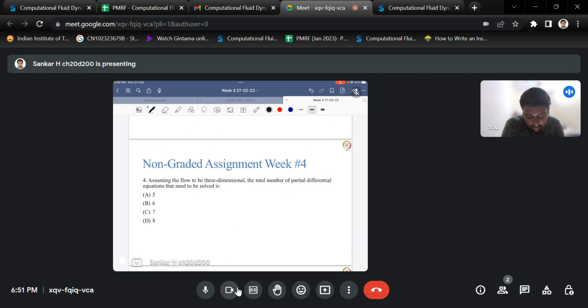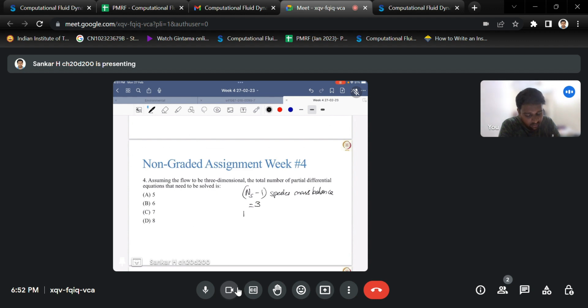Next, if we assume the flow to be three-dimensional, what is the total number of partial differential equations that need to be solved? So we will have the number of species ns minus 1 times the species mass balance, that's equal to 3.